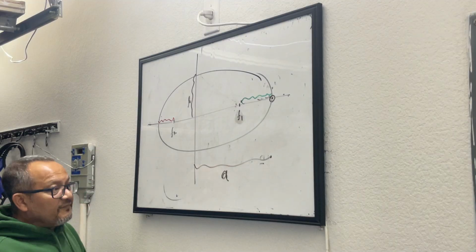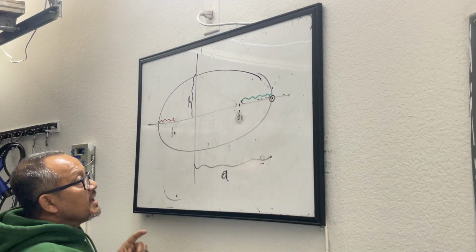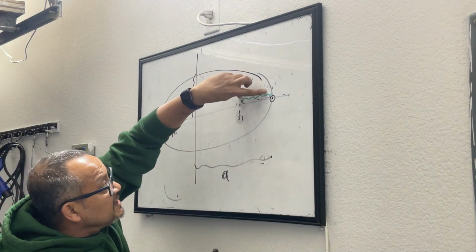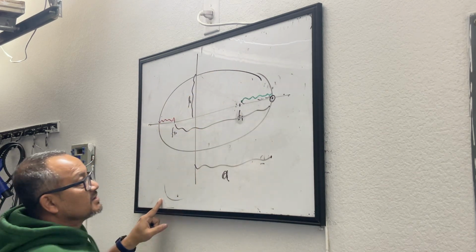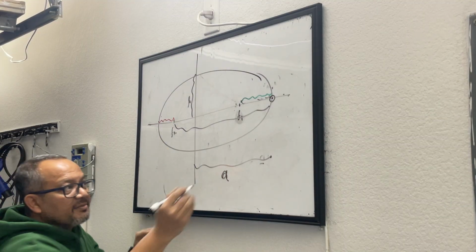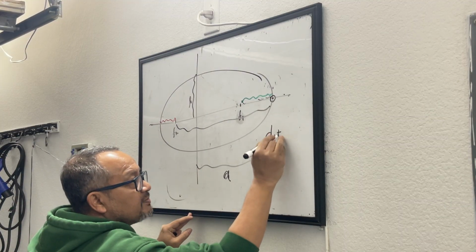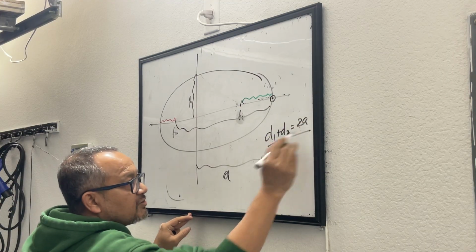Now we are trying to find out, at least for this point, is this green distance plus the black distance, these two add up to be 2a or not? Because by definition it says d1 plus d2 is equal to 2a. We are just trying to convince ourselves.